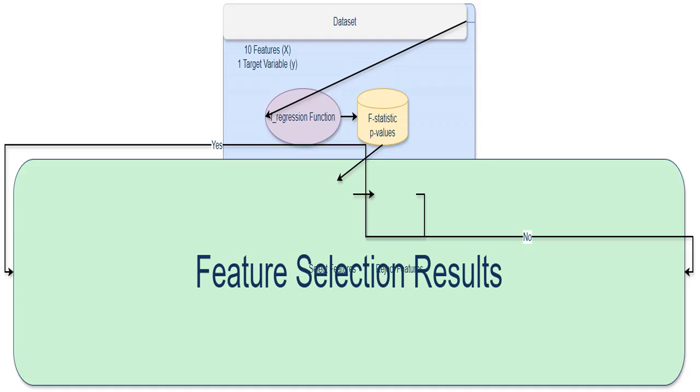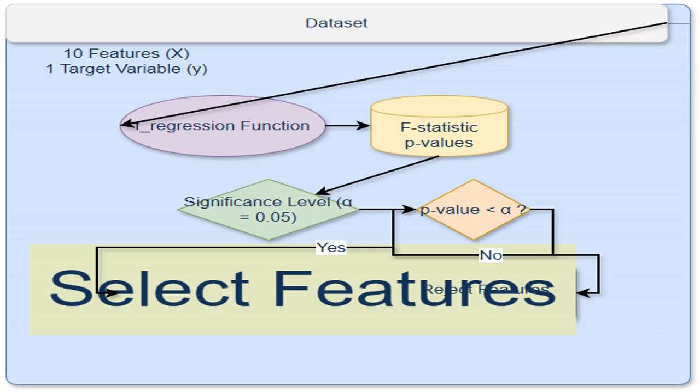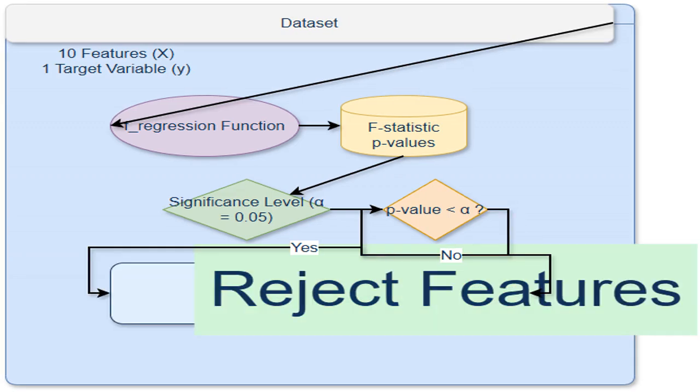Based on the p-values, I decide which features to keep (select) and which to discard (reject). I'll select features with p-values less than 0.05; these are statistically significant. I'll reject features with p-values greater than or equal to 0.05; these are not statistically significant.